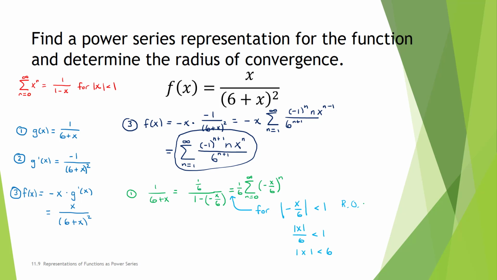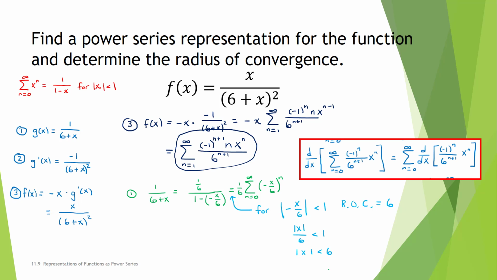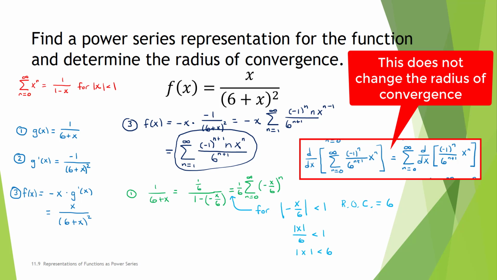So the radius of convergence is 6. Now, there was the step when we took the derivative of our power series. Part of the theorem that tells us it's okay to take the derivative of each term separately tells us that the radius of convergence of the new power series is the same. So the radius of convergence of our final answer is also 6.